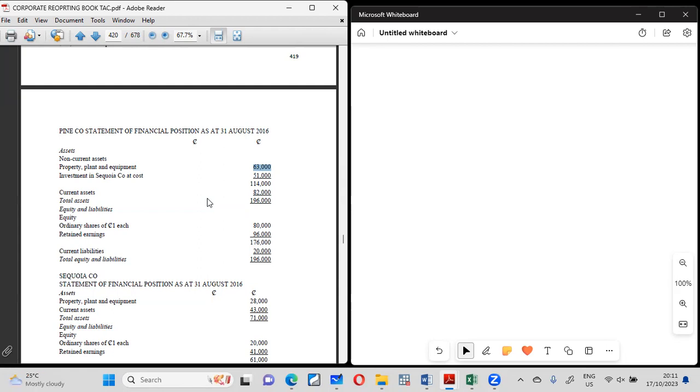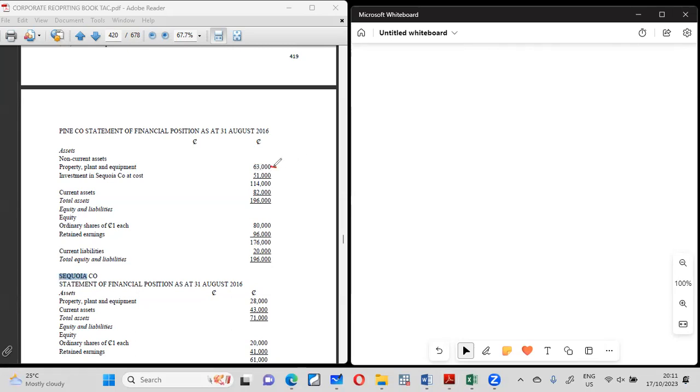It's part of some of the things you do at the consolidated or the reporting date. So we have investment. This is the balance sheet for Pine, and this is that for Sequoia. Now, when we say line by line, it means you are combining them. Don't forget, you are consolidating them.